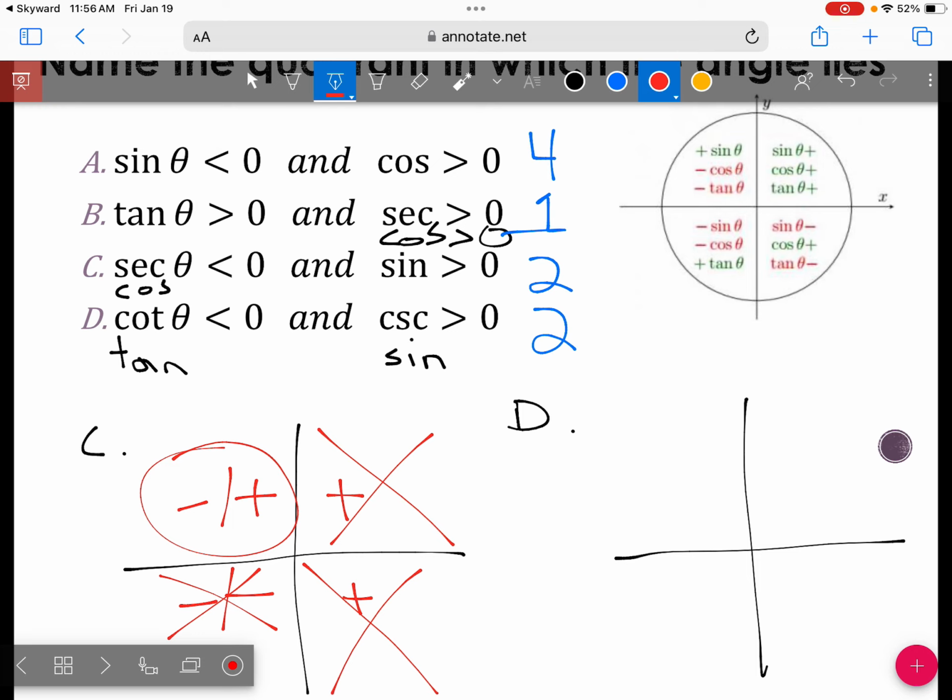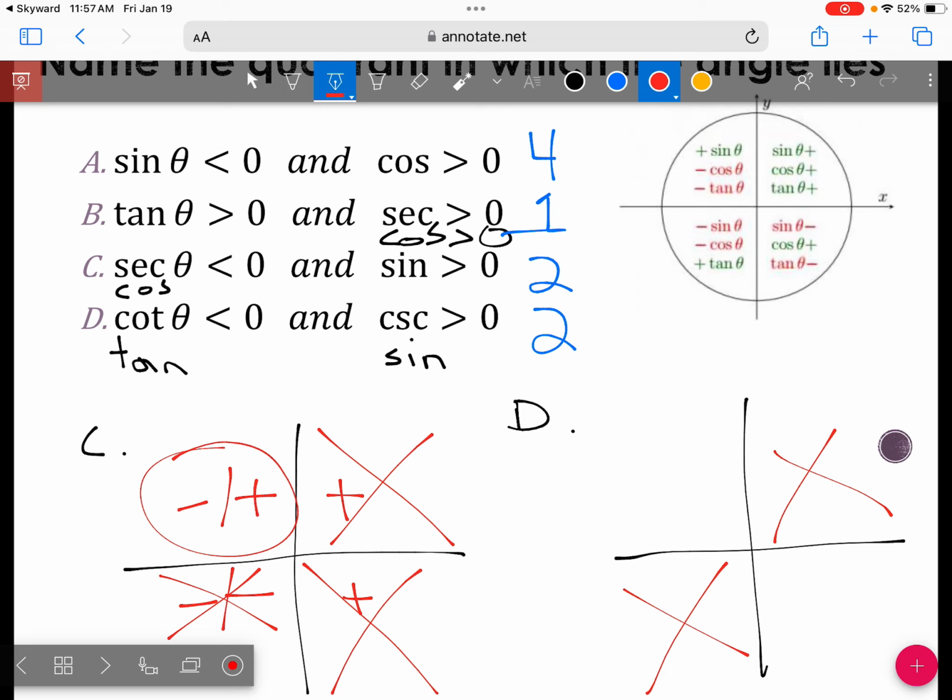And then finally, the letter D tells us cotangent of theta needs to be less than 0. Cotangent theta and tangent theta are the two sister functions. So we need to figure out where tangent is less than 0. But we know tangent is greater than 0, according to our picture up here, in quadrant 1 and quadrant 3. So quadrant 1 and quadrant 3 are no dice, and we're only looking at quadrant 2 and 4.